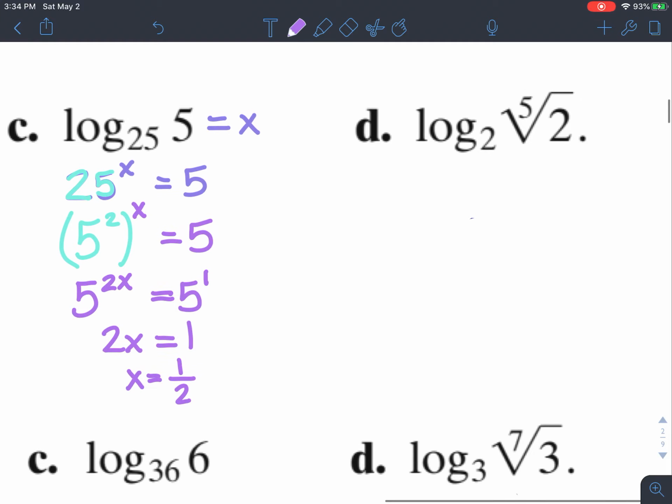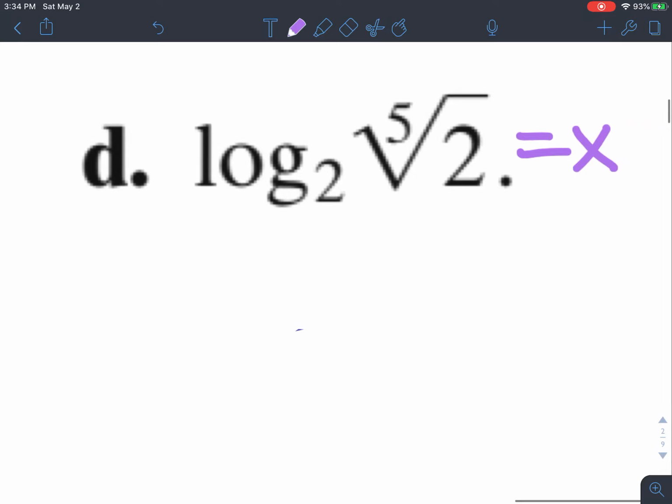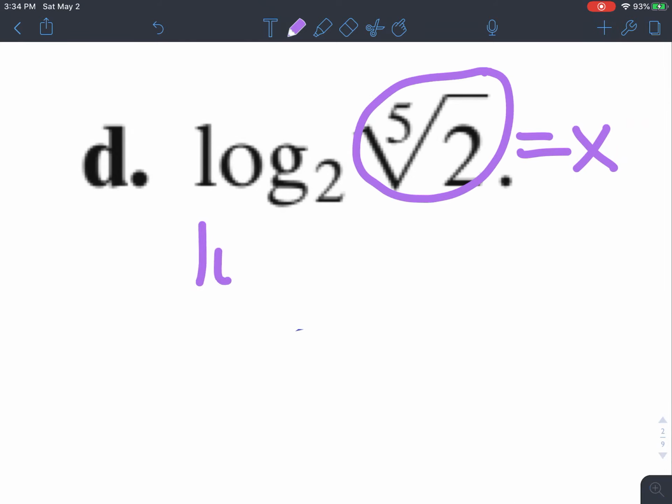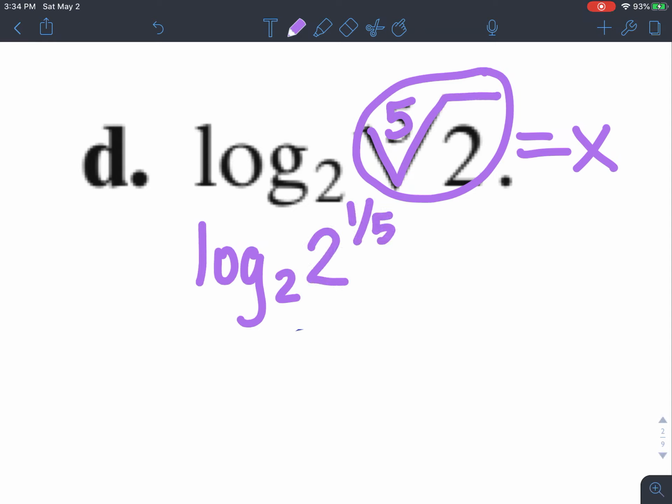Okay, let's look at this last one. This one's weird, huh? Let's change this first to an exponent. Remember that roots can be written as fractional exponents.